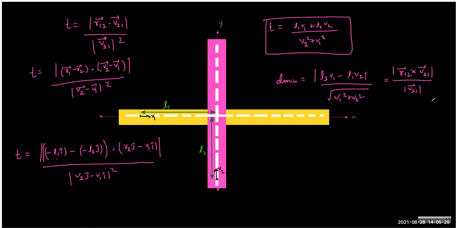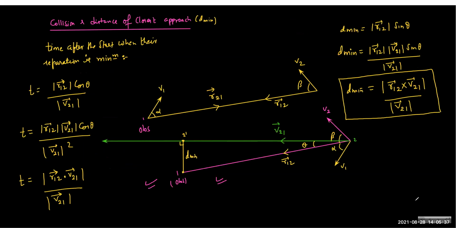Sir, in the last slide, that diagram shows that the D minimum will be at that point, the two dash. Correct. Sir, so the path is the above diagram, right? The path is the green line.